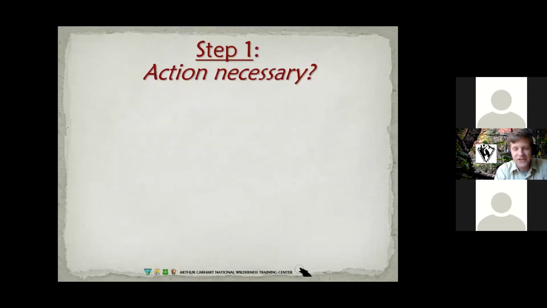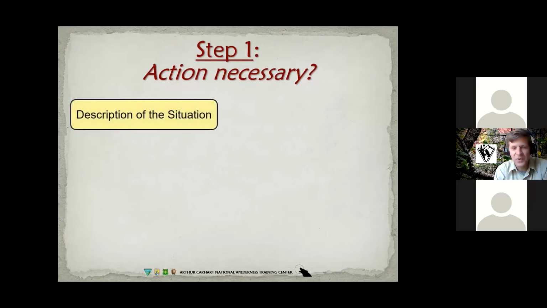So if we were to work our way through the MRDG, in step 1, we need to determine, is action necessary? So the first part of this process is describing the situation. And go ahead and click on the next button.